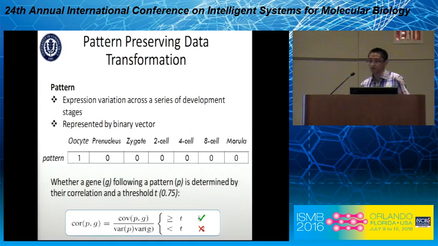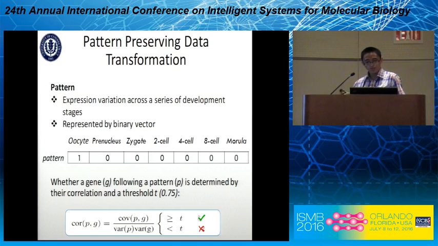Let me start with the first component. A pattern is a gene expression pattern, which is expression variation across a series of development stages. In our study, each pattern is represented by a binary vector. 1 indicates a high expression level, 0 indicates low or no expression.